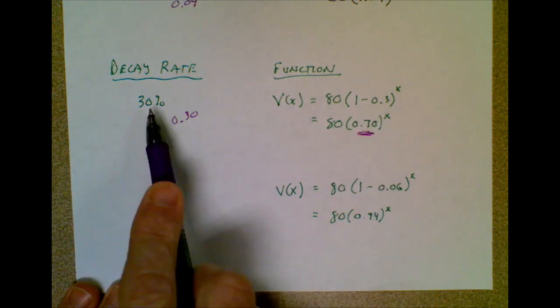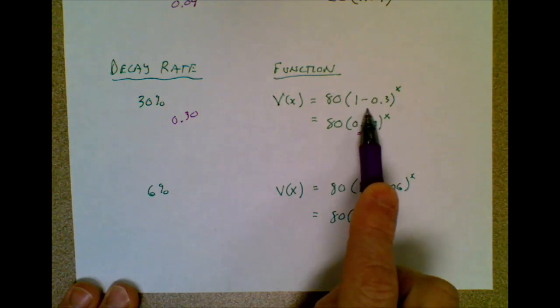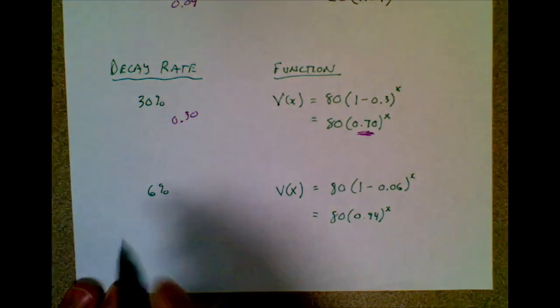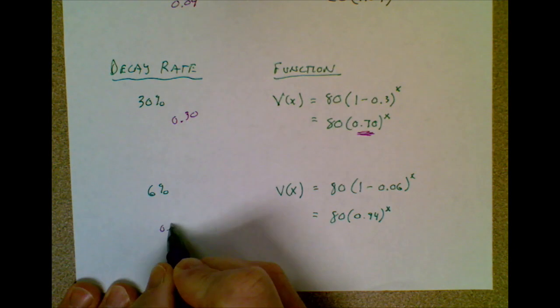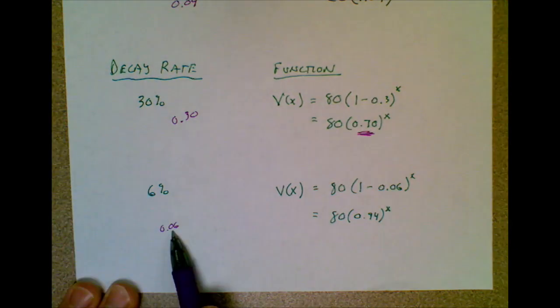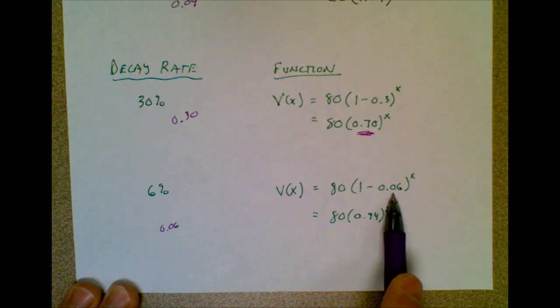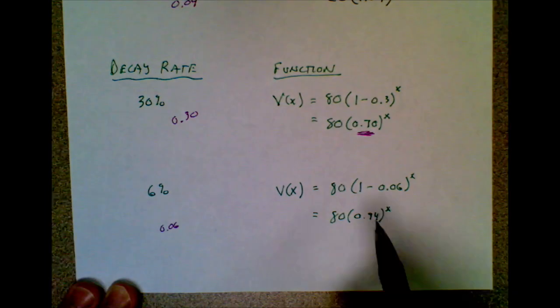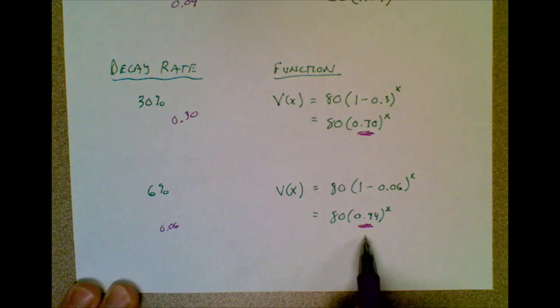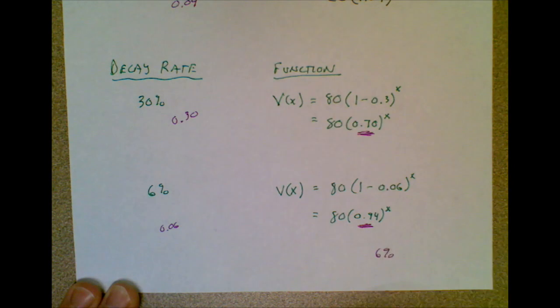So a lot of times people will jump right from here to here, but this is what's going on inside their head. If I had a 6% decay rate, the decimal is 0.06. I know I have to be less than 1 because we have decay. So 1 minus that leaves me the 0.94, and my eyeballs see, oh yeah, that's a decay. But that's not a decay of 94%. That's a decay rate of 6%.